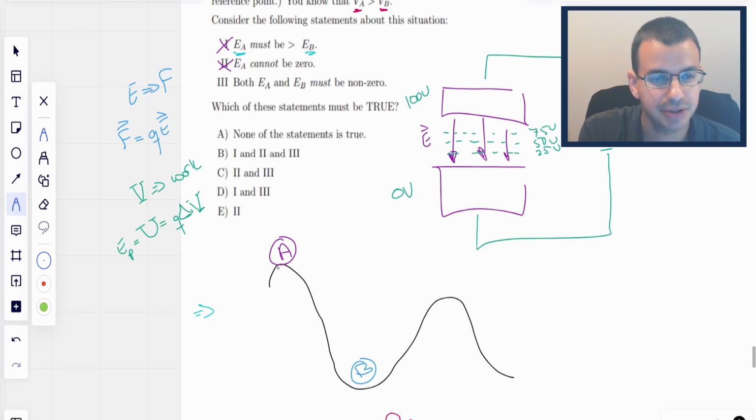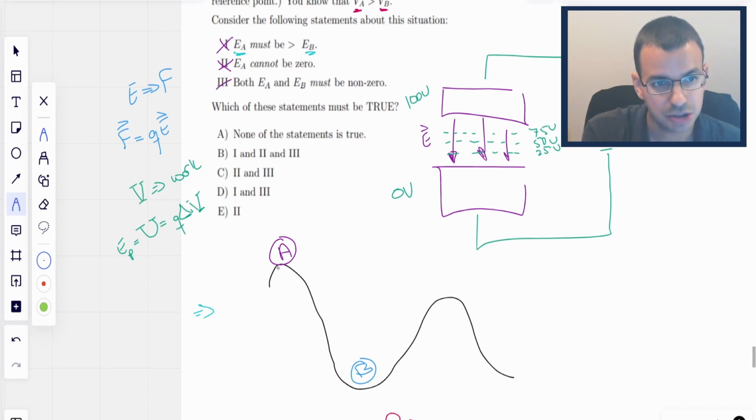Both A and B must be non-zero, that's not true. A could be at the top of the hill, B could be in a little valley right here. It could be that neither of them is on an incline or a slope. Therefore, the electric fields could both be zero.